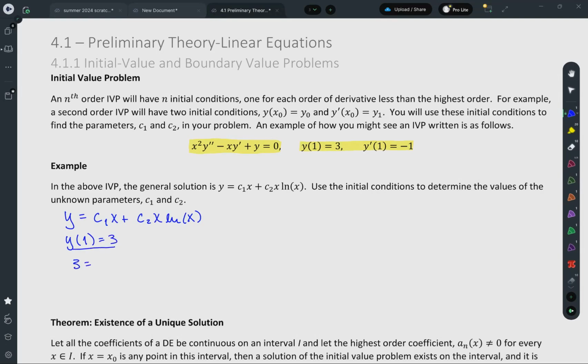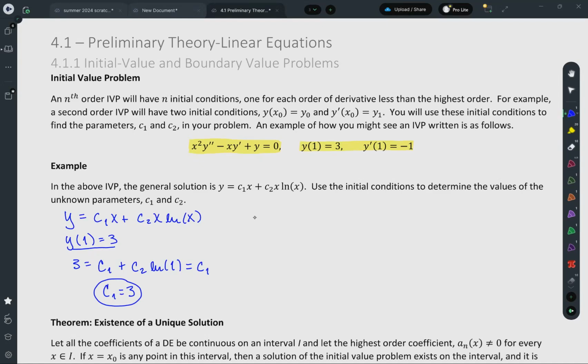That means 3 is, plugging in 1 everywhere there's an x, c1 plus c2 ln of 1, but ln of 1 is equal to 0, so this is just c1. So I automatically get c1 is equal to 3. That doesn't always happen. We got lucky with that one.